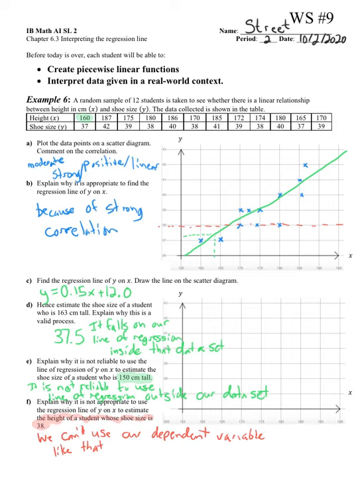We don't want to use the dependent variable to determine the heights of people, or the shoe size to determine the heights of people. So I'm just curious because these are European shoe sizes here. I don't know what the translation is from American sizes to European sizes, but I do know that Shaq wears a size 23.5 US sneaker.